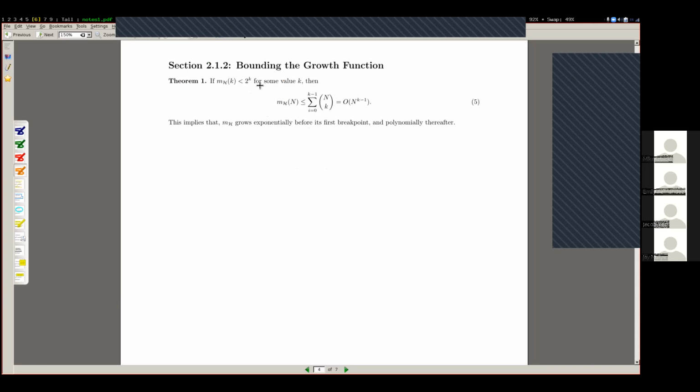Recall that MH of K is our growth function, the maximum number of dichotomies. Our previous fact, fact 1, is that MH of K is always less than or equal to 2 to the K, and this is in fact a tight bound. So worst case scenario, we're exponential.